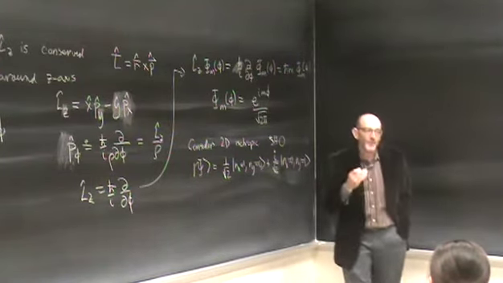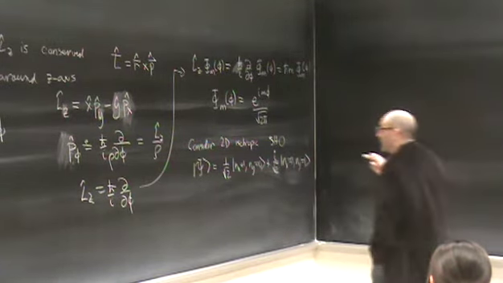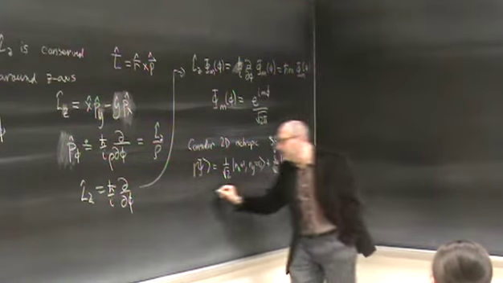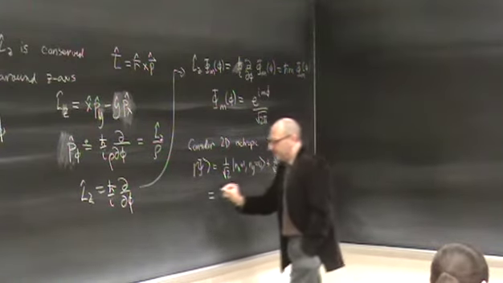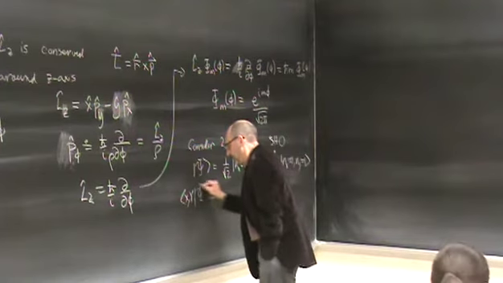But it's also an eigenstate of angular momentum. How can we see that? The others weren't. Well, we could see that immediately if I write out the wave function. Let's write this out in position representation.